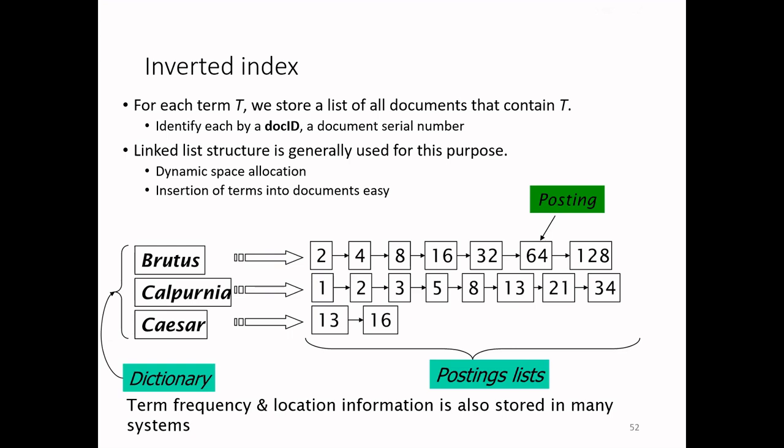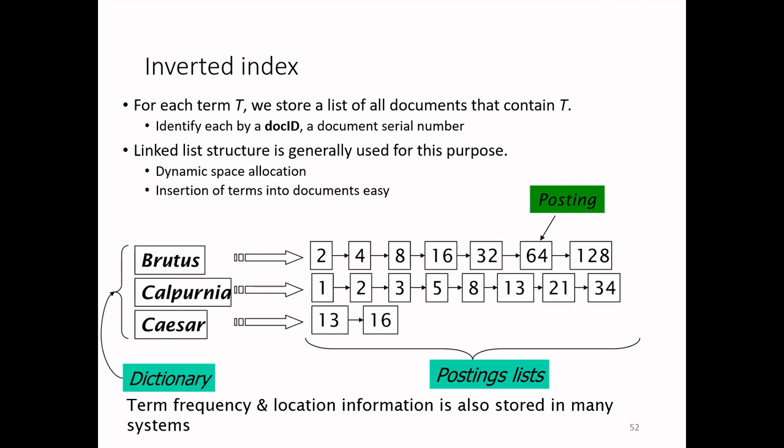All right. So basically what we do in this inverted index scheme is that for each term, we store a list of all documents that contain the term T. And these documents are identified by their corresponding document ID.